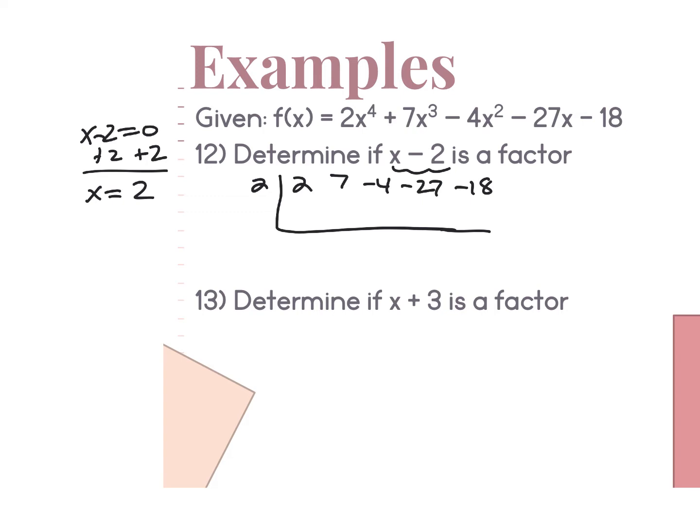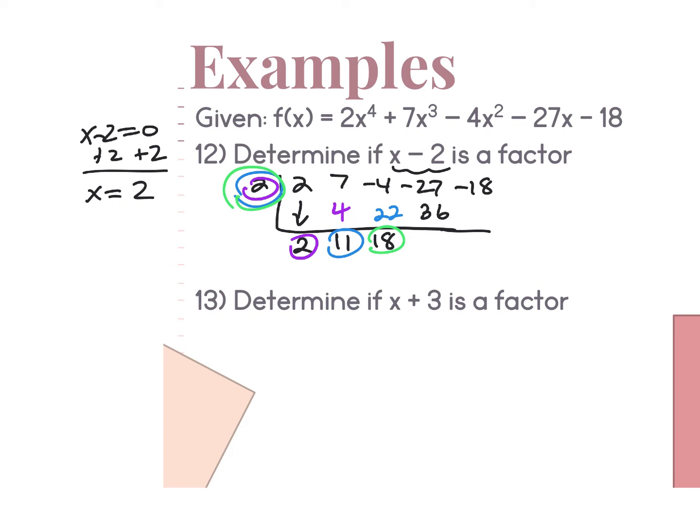So let's try it. We're going to bring down. We're going to multiply. 2 times 2 is 4. You're going to add the column. You're going to multiply. We get 22. We're going to add the column. We get 18. We're going to multiply. 2 times 18 is 36.